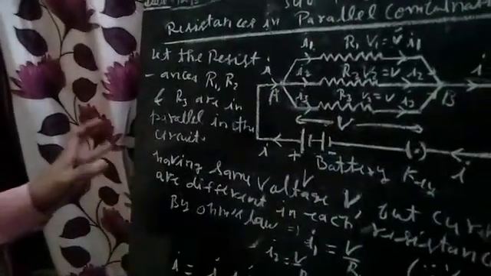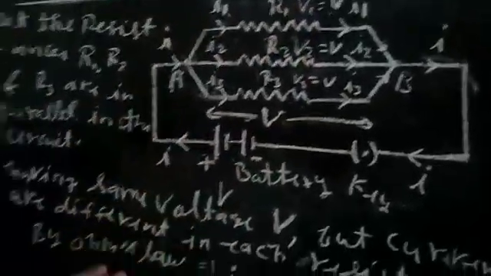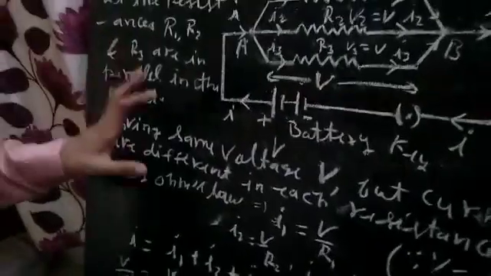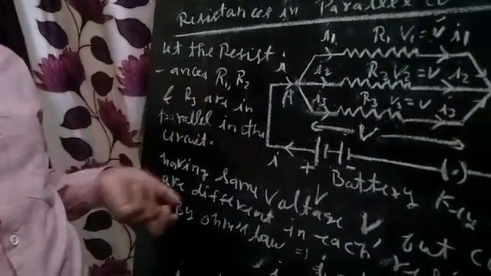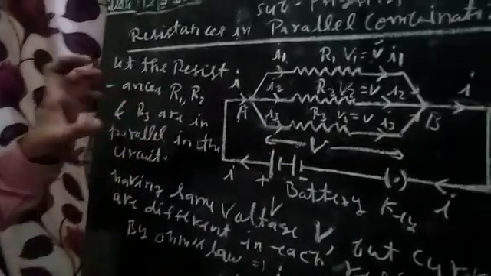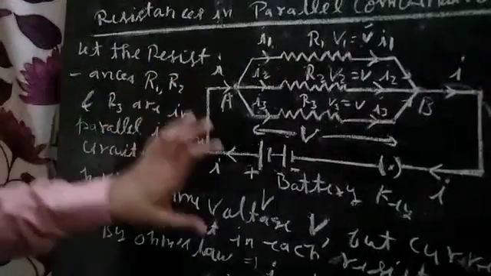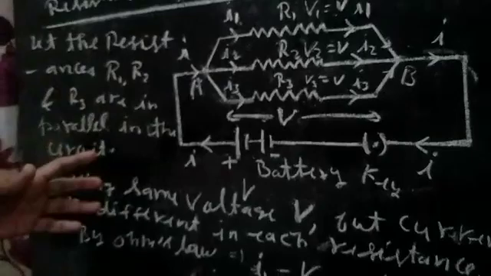Students, now the advantages of parallel combination. Did all of you understand this? I had given the question also. Advantage of parallel combination: in a parallel circuit, if an electrical appliance stops working due to some defect, all other appliances keep working normally.